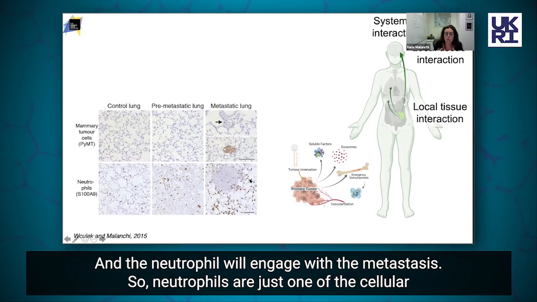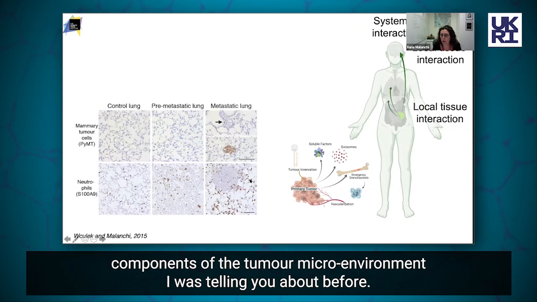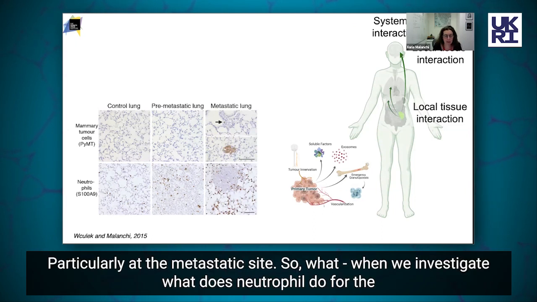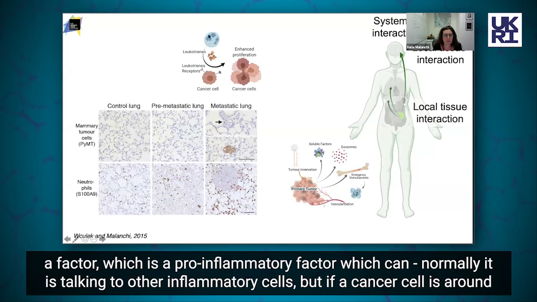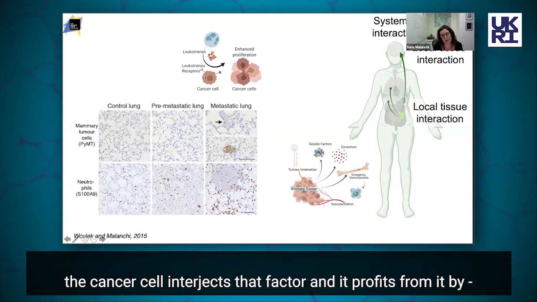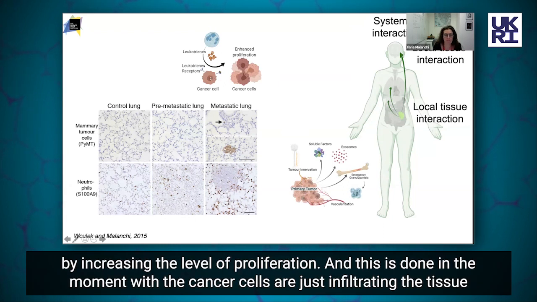So the neutrophil is just one of the cellular components of the tumor microenvironment I was telling you about before, particularly at the metastatic site. So when we investigated what these neutrophils do for the tumor cell, we found that they release a pro-inflammatory factor, which normally is talking to other inflammatory cells, but if a cancer cell is around, the cancer cell intercepts that factor and profits from it by increasing its level of proliferation.